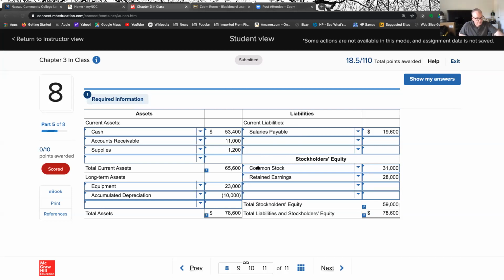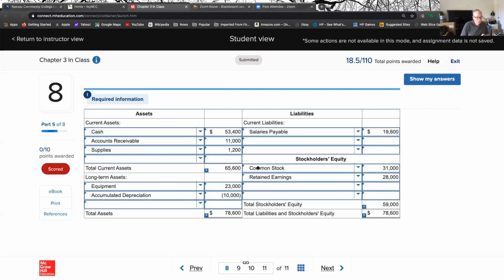So what would we have to do to that 9,500 to turn it into 28,000? We would have to add the net income. The net income was 19,600, and we would need to subtract the dividends. The dividends were 1,100. So if I take 9,500 plus 19,600 minus 1,100, that should be 28,000. So that's where that comes from.